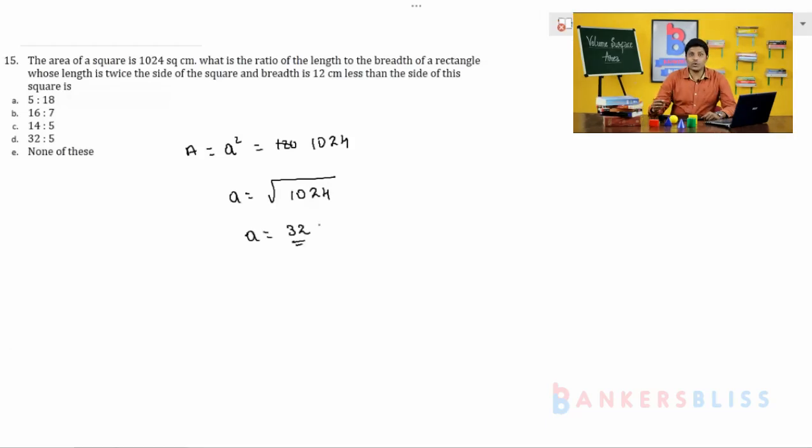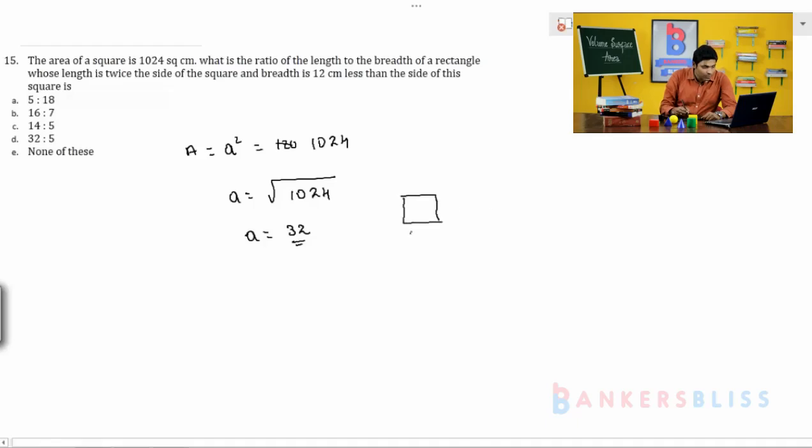So the side of the square is 32. Now length is equal to twice the side of the square, that is 2a, which is equal to 2 into 32. Next, breadth is 12 centimeter less than the side of the square, so that is a minus 12, that is 32 minus 12, which is equal to 20.